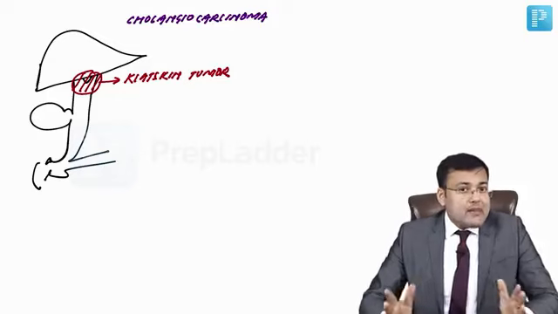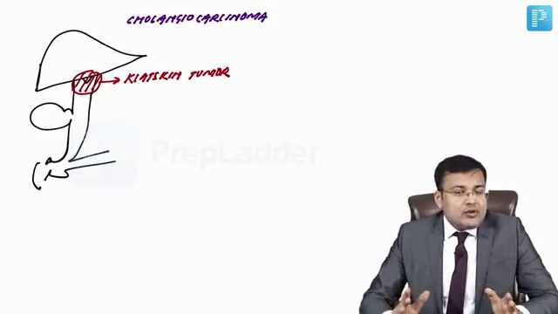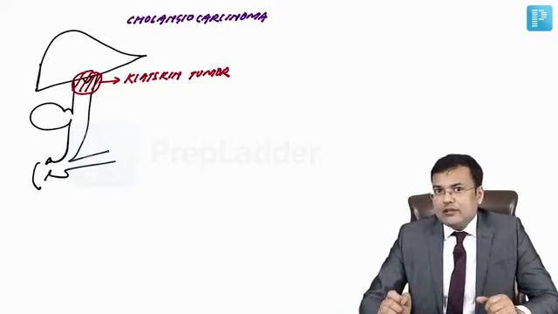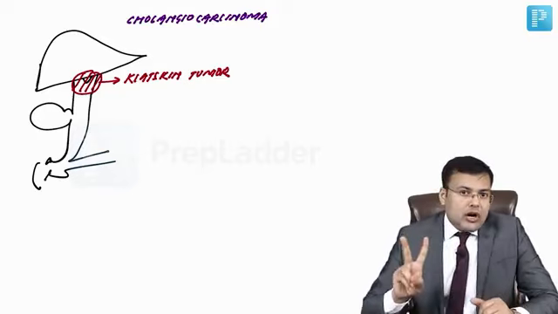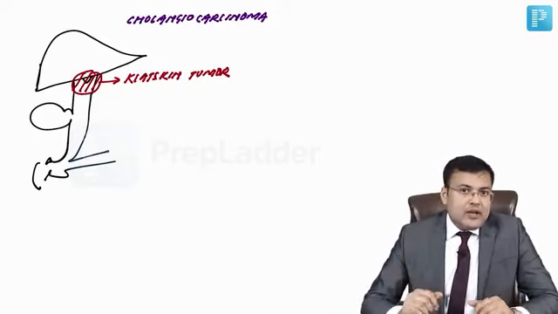You know that there are many similarities between cholangiocarcinoma and carcinoma gallbladder. What are the similarities? Both of these are adenocarcinoma.